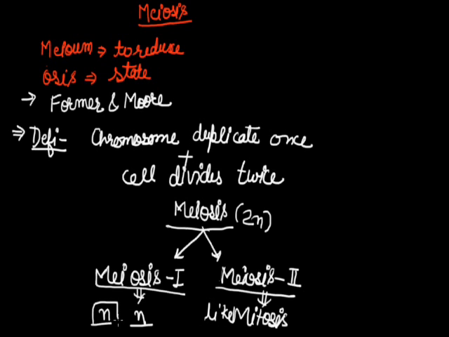That's why at the end of division you will get two daughter cells that contain n plus n. A single cell contains n, or the haploid chromosome number, compared to the mother cell. That's why the chromosome number is going to reduce, and because of this the division is called reductional division.